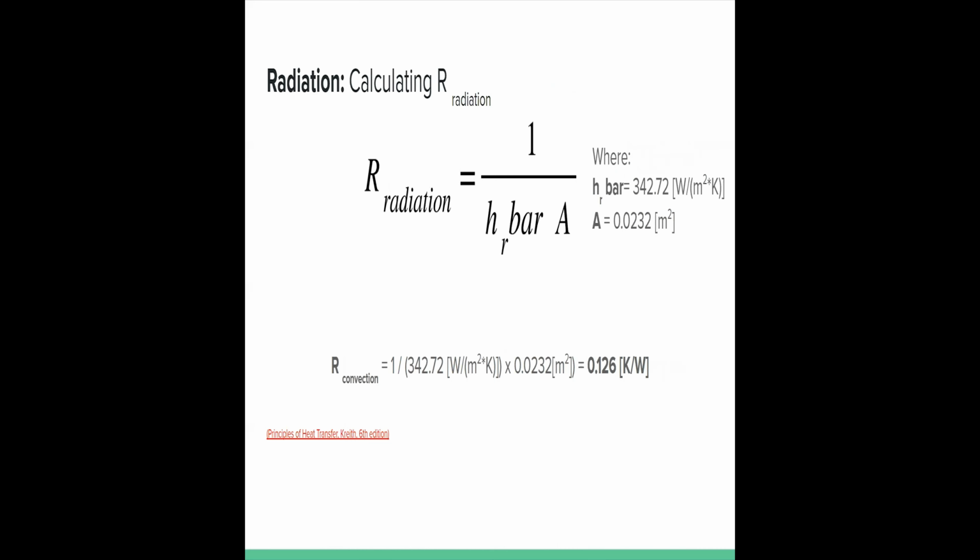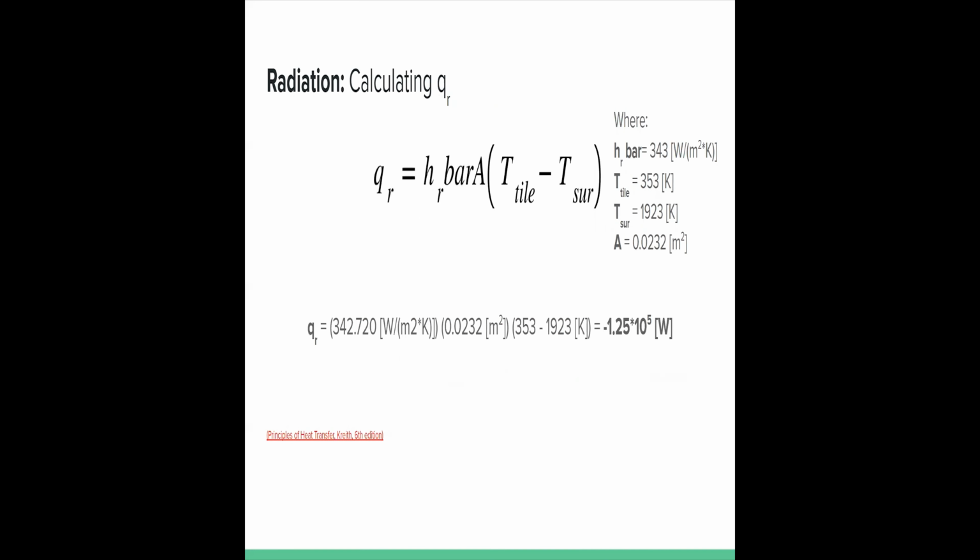So now that you have your average heat transfer coefficient for radiation, you can find the resistance for radiation using this equation, where HR bar is equal to your average heat transfer coefficient for radiation, and A is equal to your area. You can also calculate your heat transfer rate for radiation, which is QR.